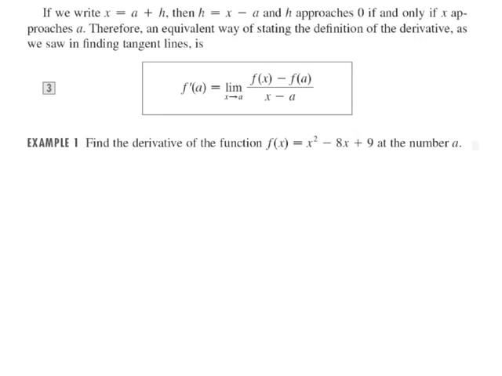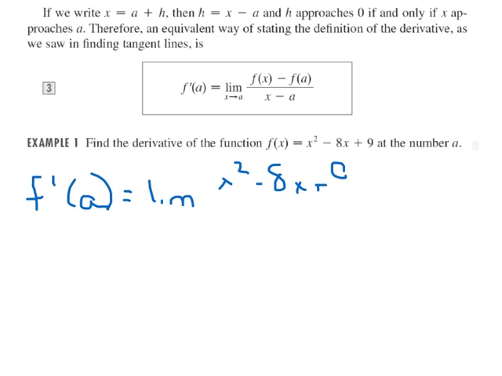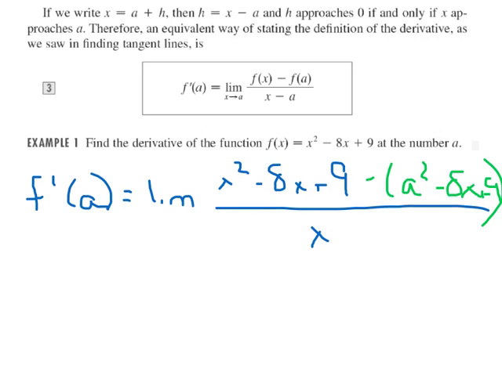So we're going to say, okay, f prime of a is the limit of f of x minus f of a over x minus a. Now here's the tricky part.